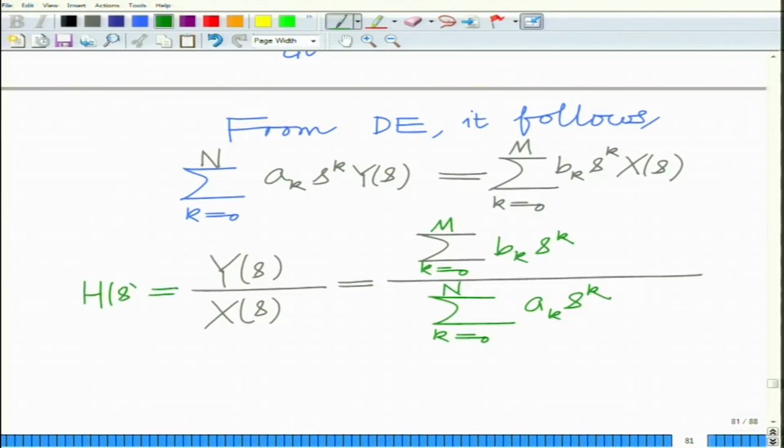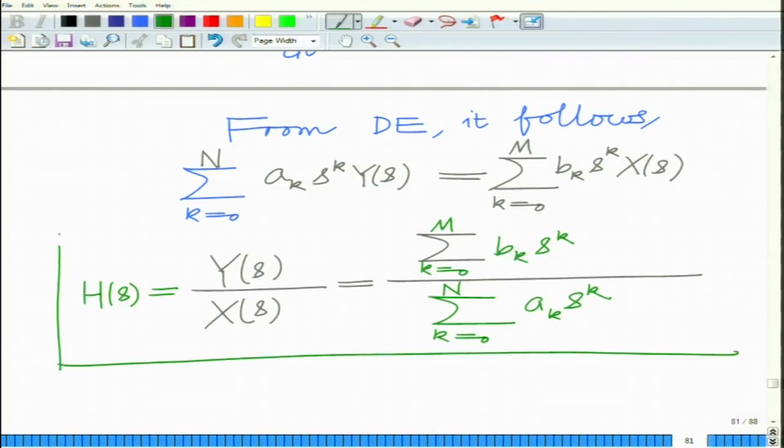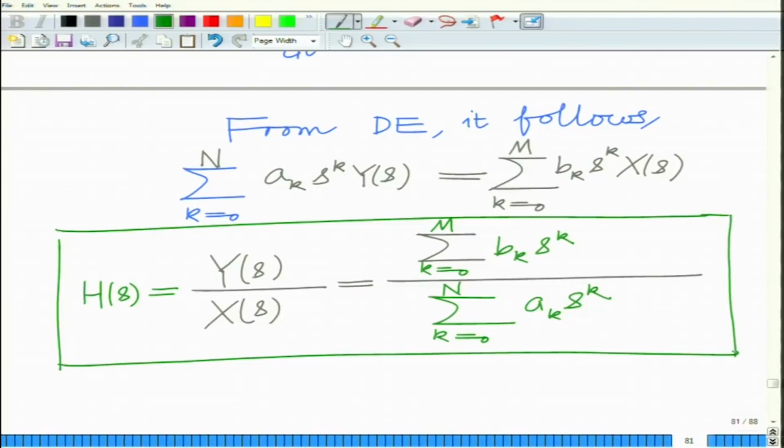In fact, we remember we said H(s) is defined as the Laplace transform of the output divided by the Laplace transform of the input.